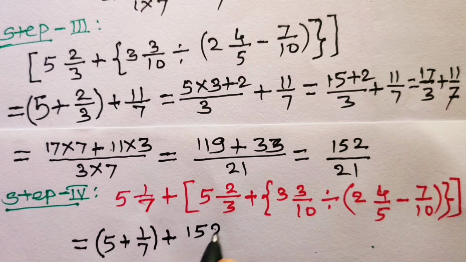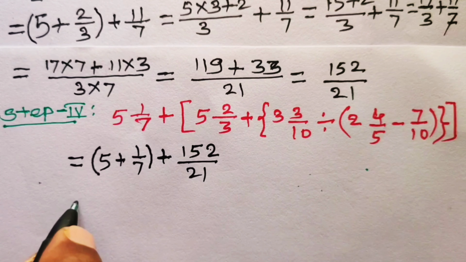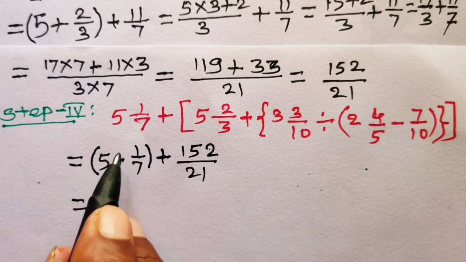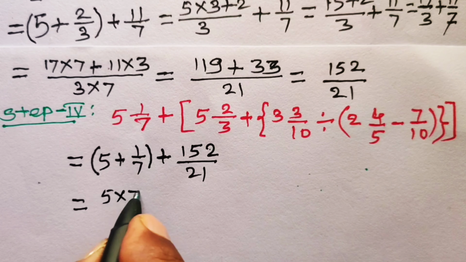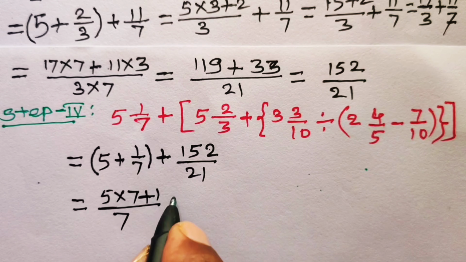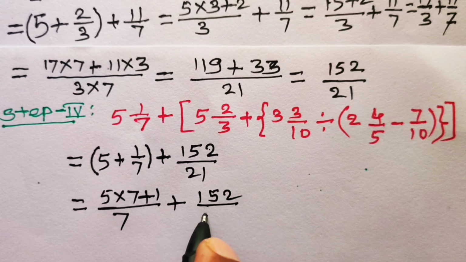Hence, this is equal to, in this bracket, 5 into 7 plus 1 over 7 plus 152 over 21.